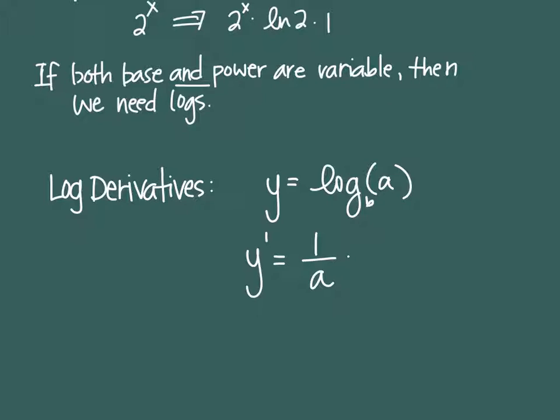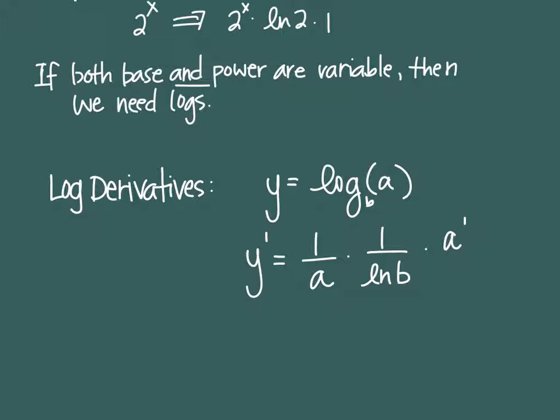Followed by another, you know how the exponential had times the natural log of the base? And this is times 1 over the natural log of the base. And finally, a prime.